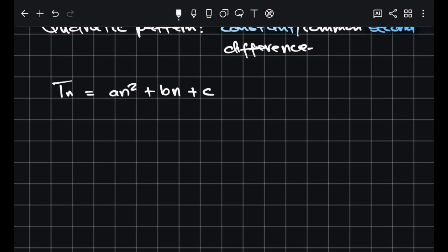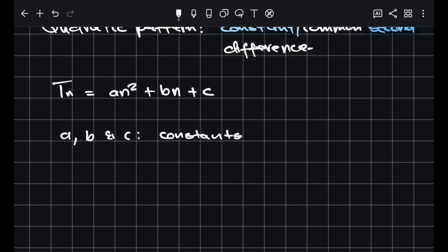Firstly, I will start with the a, b, and c. Your a, b, and c are constants. They do not change. Once you find them, the values remain the same throughout the equation.